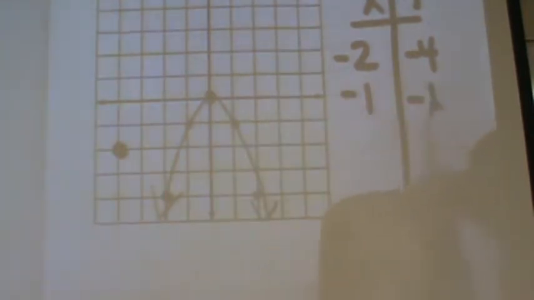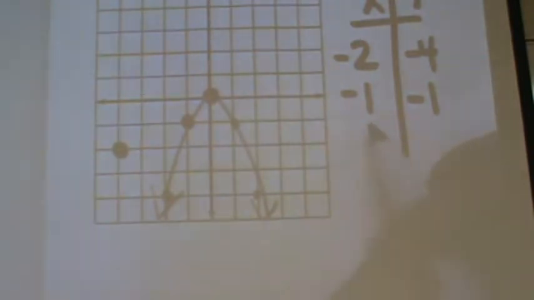Well, if you look at this point right here, this is -2, -4, so you're going to graph, instead of -2, -4, here's your T-chart, you're going to graph -4, -2. And then we have -1, -1, which is going to be -1, -1, if you switch these two. 0, 0.